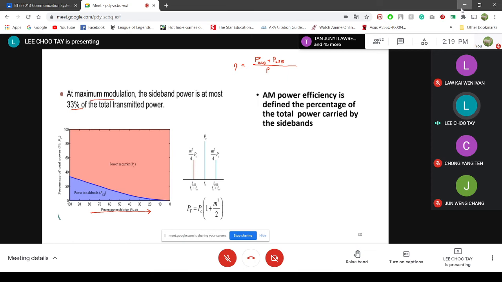I also shift my carrier signal by 90 degrees. Message shifted by 90 degrees, carrier shifted by 90 degrees, then I multiply them, and I get another product out here.